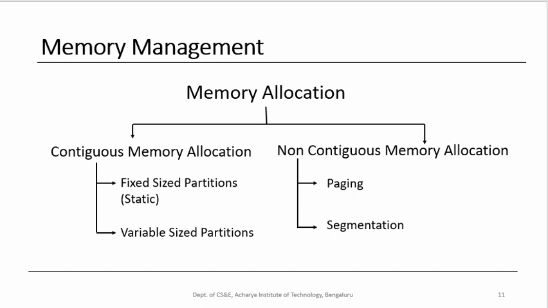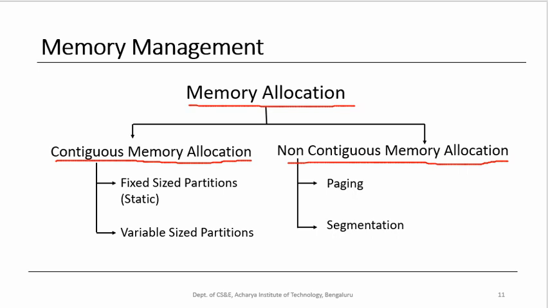Okay, after having understood what is swapping, let's discuss one of the important activities under the memory management module of the operating system, that is memory allocation. There are two types of memory allocation. One is contiguous memory allocation and the other one is non-contiguous memory allocation.